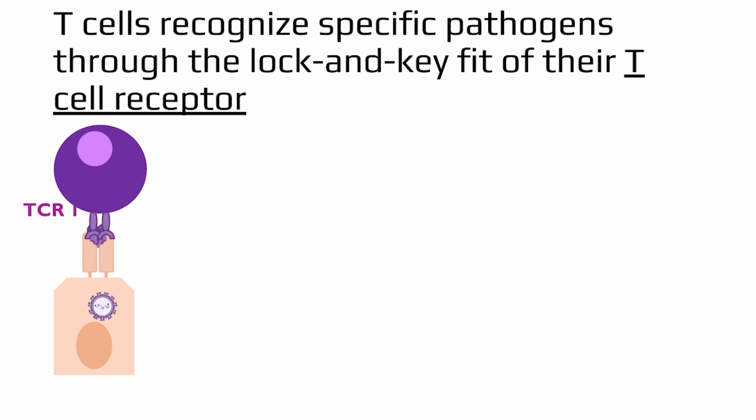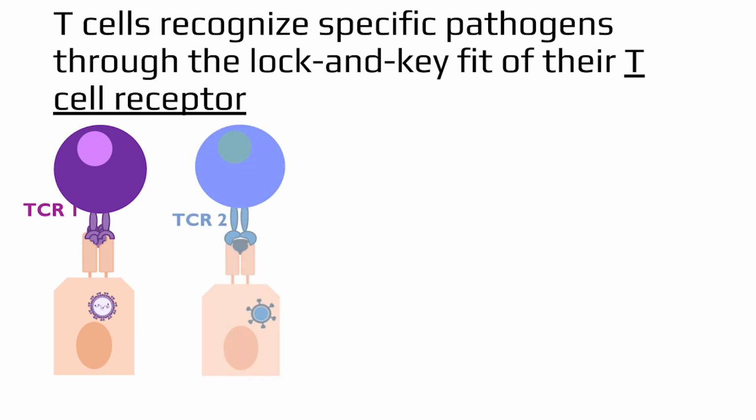So the key to the specificity of T cell recognition is that they all express a T cell receptor, a protein schematized here with our purple receptor sticking off of the T cell. And the idea is that if you have an infected cell, like the virally infected cell depicted here, T cells can come along, and if they have a T cell receptor with a lock and key fit for that pathogen, so the infected cell is showing a little piece of the pathogen to the T cell, if there's a lock and key fit, that T cell will become activated, and it has the potential to kill off the infected cell.